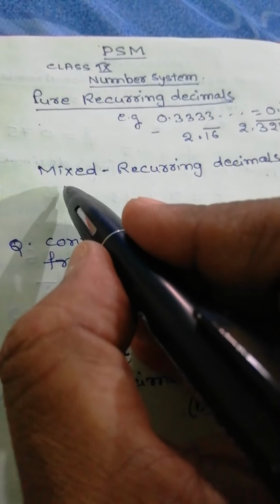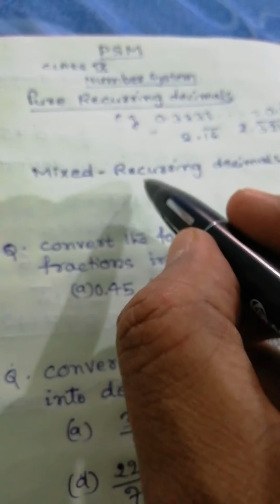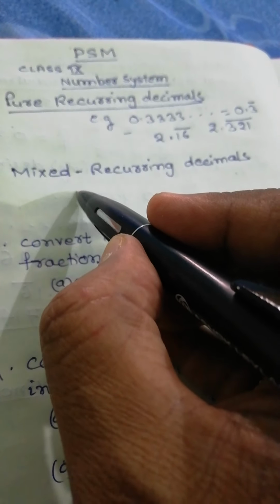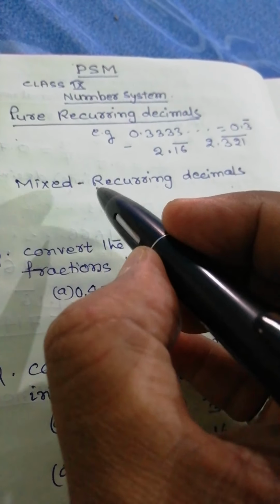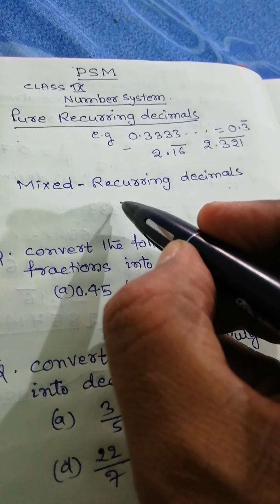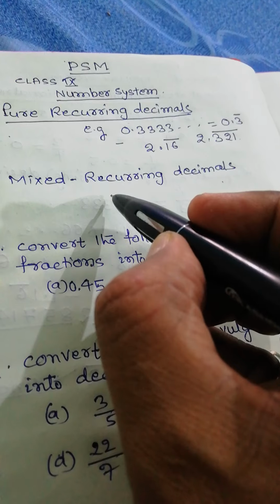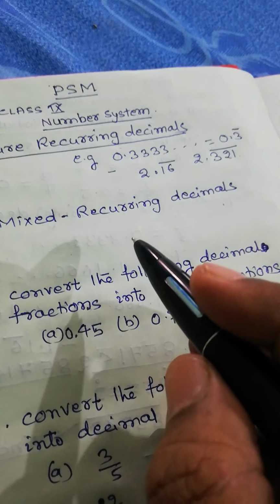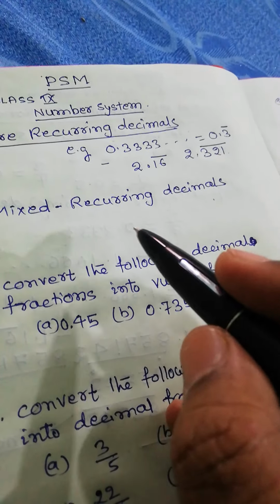Whereas in a mixed recurring decimal, after the decimal point at least one figure is not repeated, and then some figure or figures are repeated.